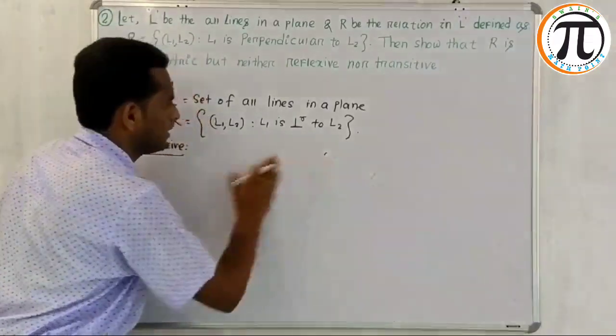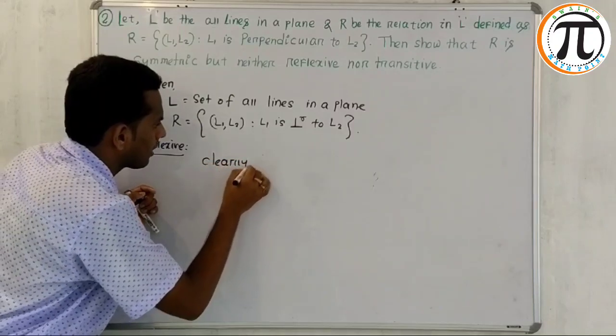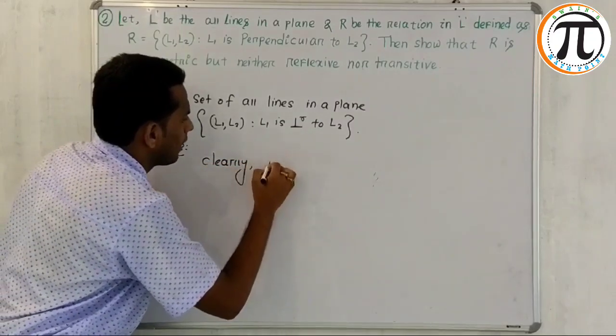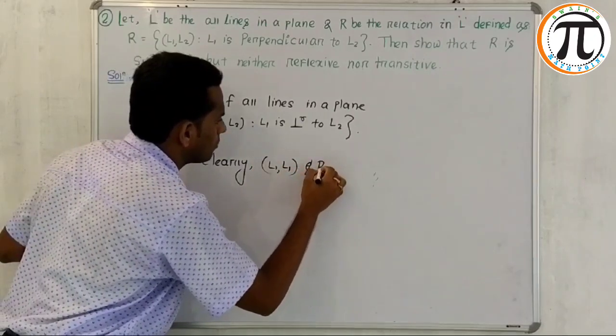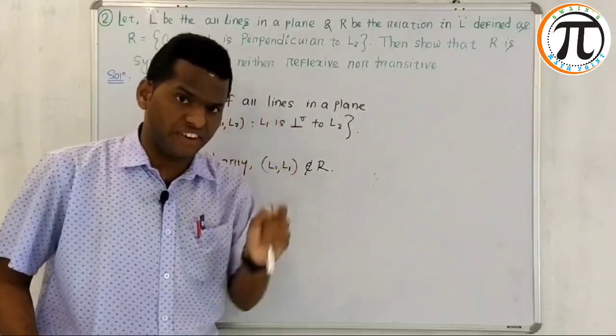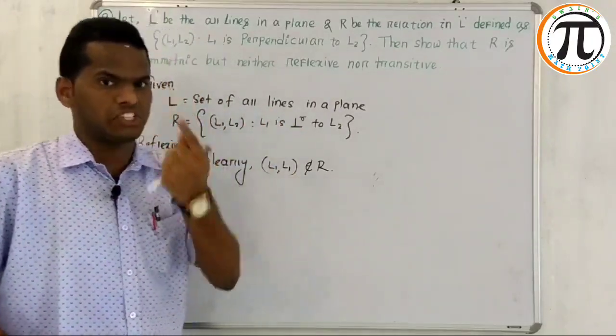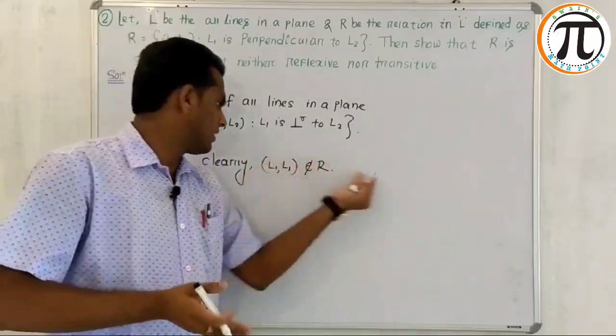So we can write here clearly (L1, L1) does not belong to R. If a single condition is not satisfied, it is not reflexive. Don't write L2, it is not necessary to check L2, L3.